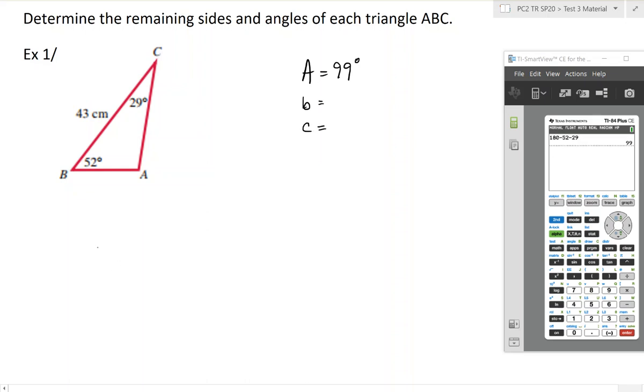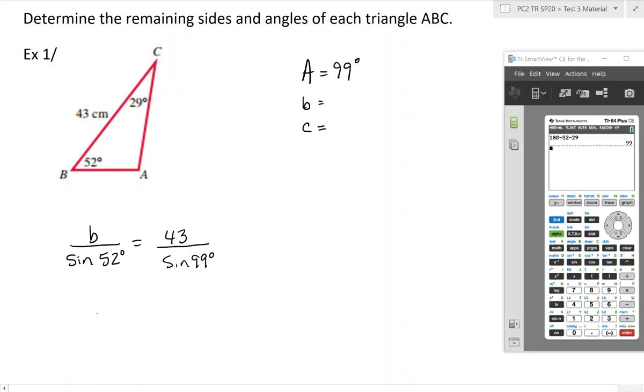So little b is over the sine of big B, the angle that's across from it. Since I have both the angle and the side measurements here, I can set that up for my other parts. So this will be 43 over the sine of 99 degrees.